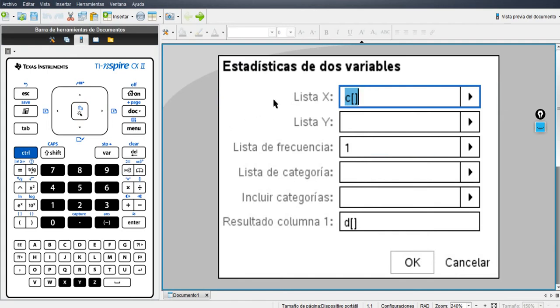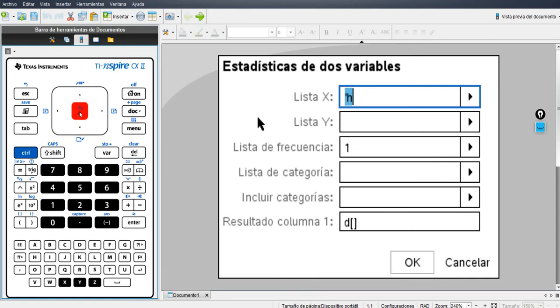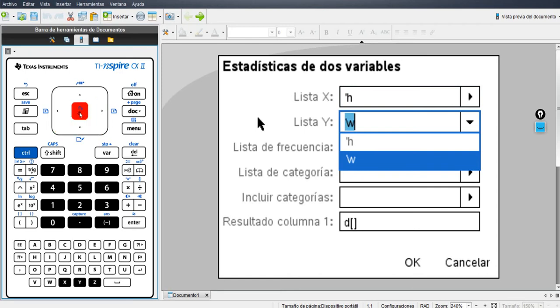All the stuff that you're going to be using is this, the first row and the second row. Okay, what do you do? Right arrow. Then my two variables are going to appear, height and weight. Down arrow, I select height, click. Down arrow, right arrow, down, weight.